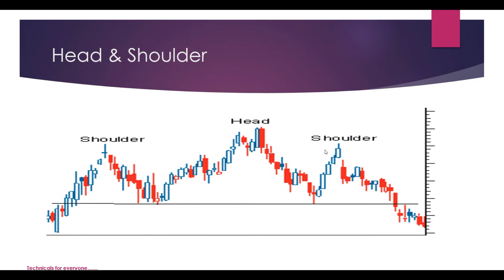But a simple analysis could help us here if we just draw a trend line. I suggested in my first video also that the trend line is something which will give you lots of ideas about the market. If you just draw a trend line from here till here, connecting these two points, you'll realize that at this particular level it has broken that trend line.